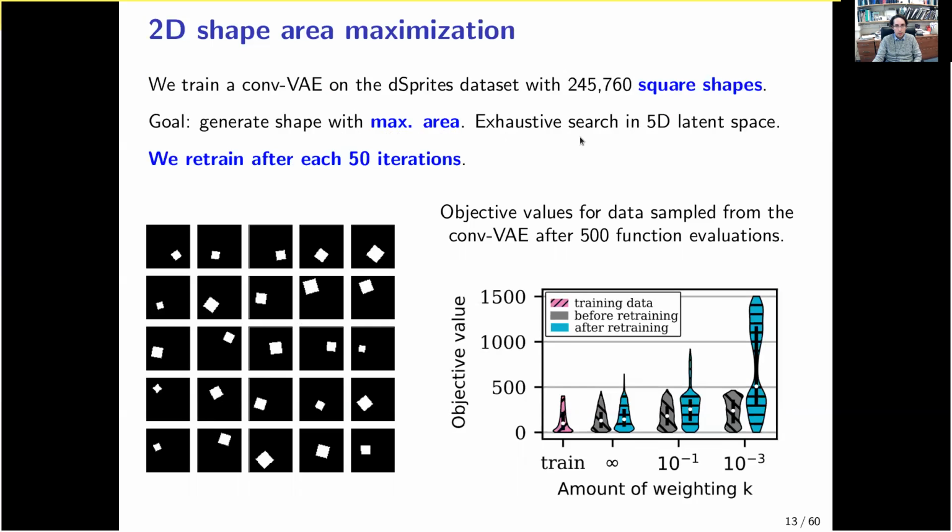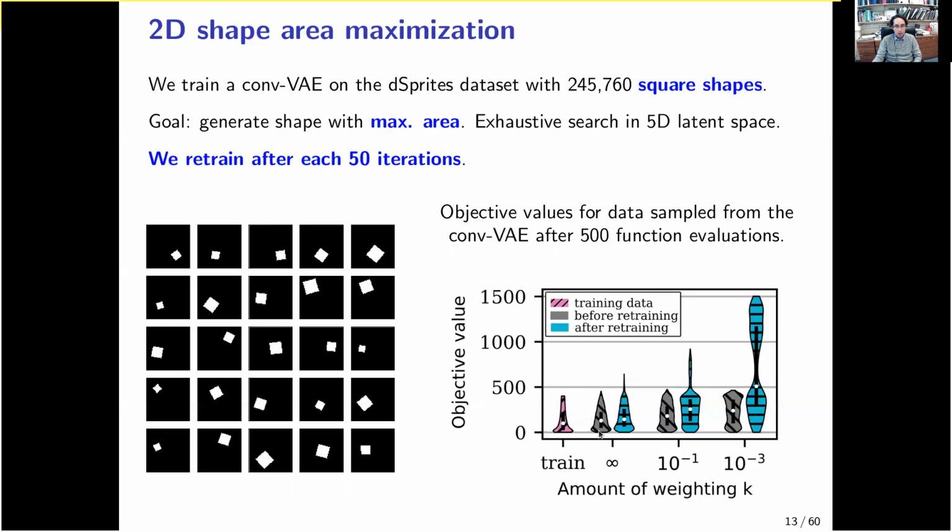We do search in a latent space of 5 dimensions, and we're going to retrain our deep generative model every 50 iterations. We're going to collect data for 500 steps. So we will be retraining 10 times. And I show here the distribution of objective values in the training data. We see that there are many shapes with a low area, and then a few ones have larger area.